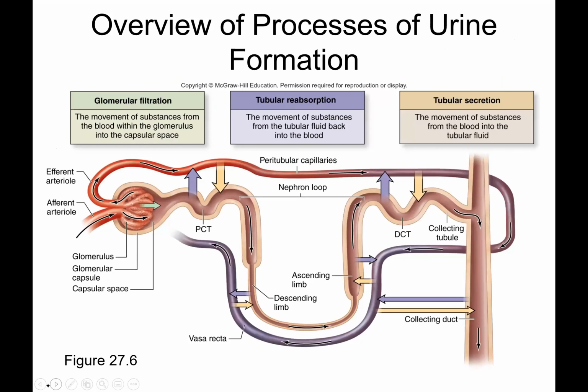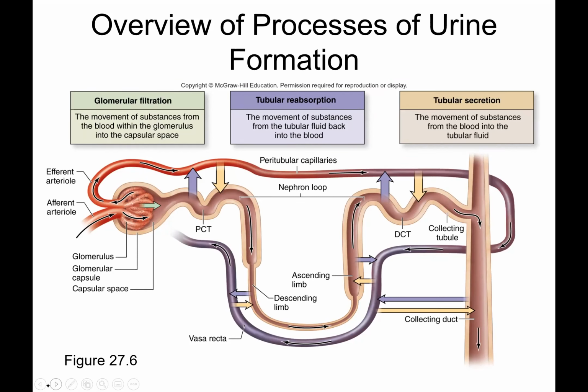So to zoom in a little bit tighter to the tubes, here's what I want you to think as a quick version. The proximal convoluted tubule, the loop of Henle, and the distal convoluted tubule are there to help keep the good stuff and get rid of the bad stuff. Okay, that's just a quick version of how to think about this.